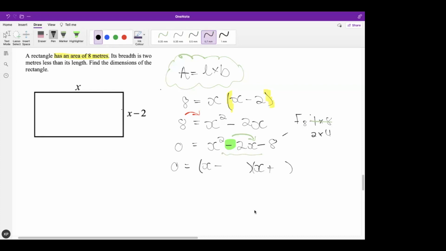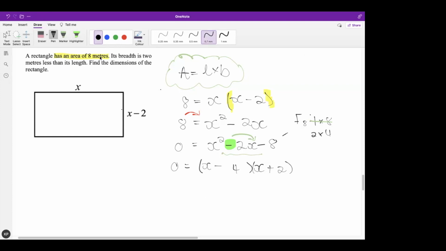So we're using 2 and 4. But I want a negative 2. So who's positive and who is negative? Alice says it's positive 2 and negative 4, because this will give us negative 2, which is exactly what we're looking for. So negative 4, positive 2. Wonderful. Now let's get solving.